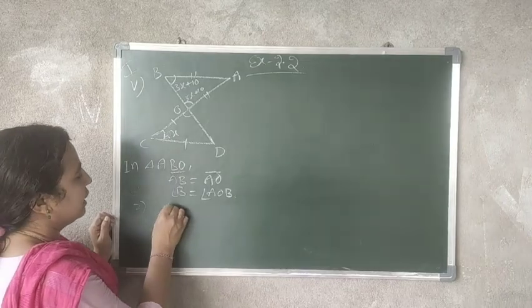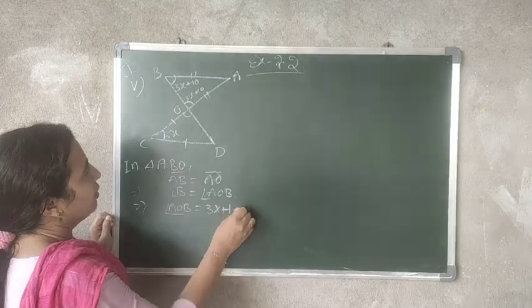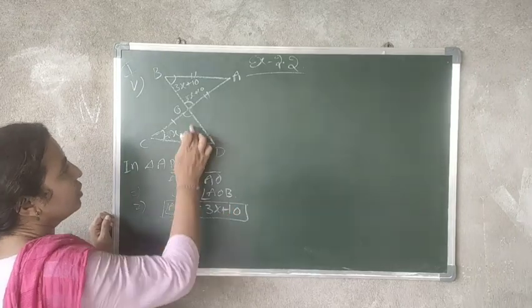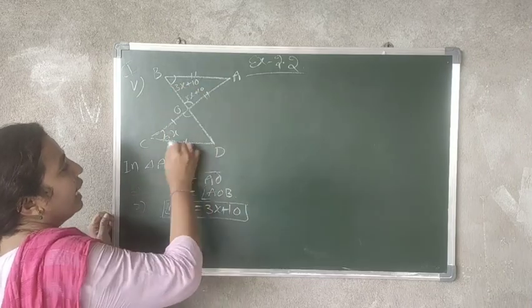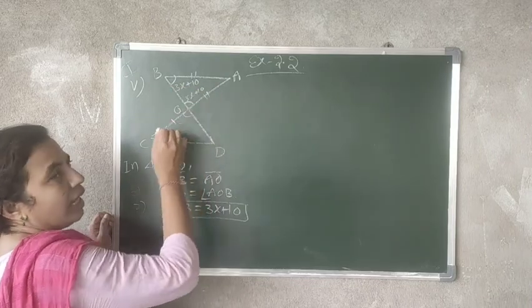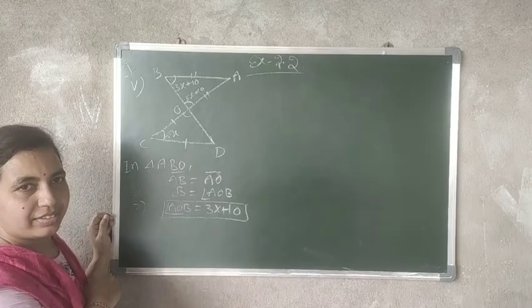That implies angle AOB is equal to 3x plus 10. So this is 3x plus 10. But if you observe here, angle AOB and angle COD are vertically opposite angles.